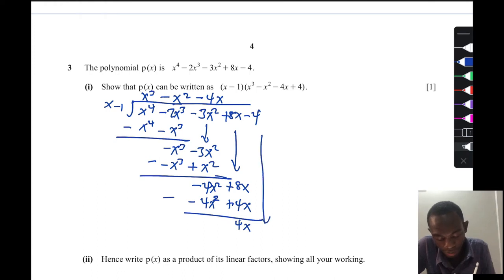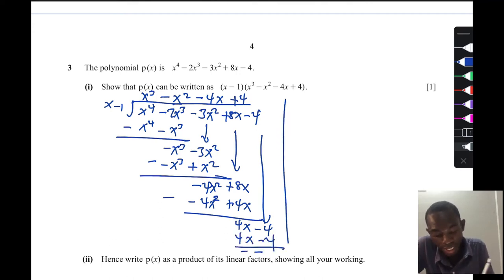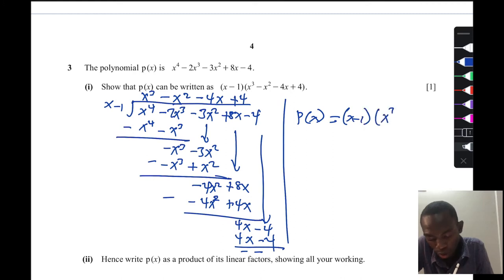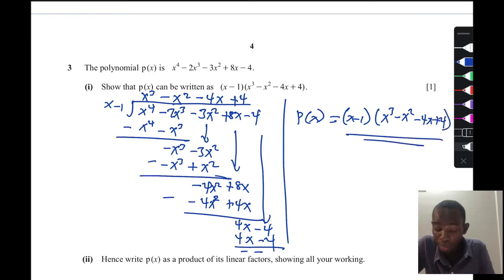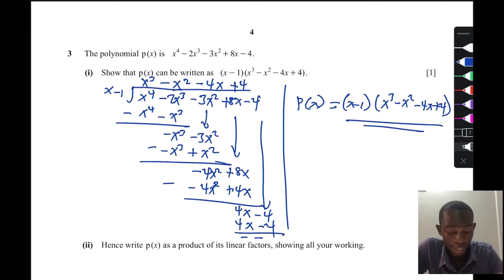You drop the negative 4 down, then x will go there, plus 4, and then you are done. Okay, so indeed, we can write the polynomial as the product of its divisor and its quotient, like that, and then we are done for 1 mark. It's quite painful, but it is what it is.